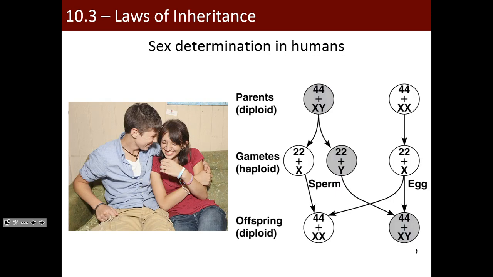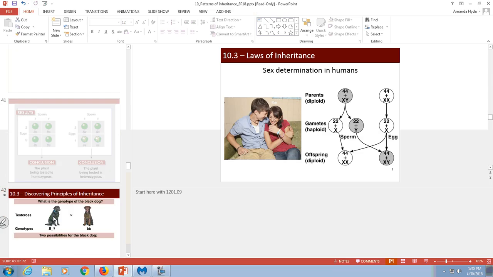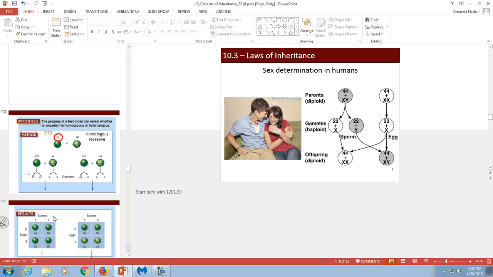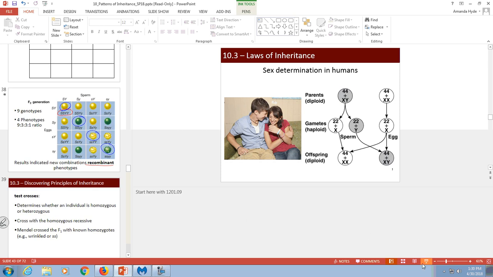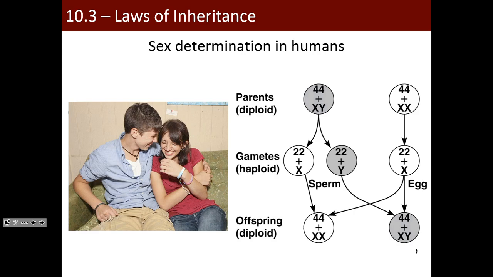The next thing I want to talk about just briefly, hold on. There's just one slide. We're going to come back to most of this conversation. I want to give you a very broad and general notion of sex determination in humans, so we can talk about those particular genes that are found on the sex chromosomes.